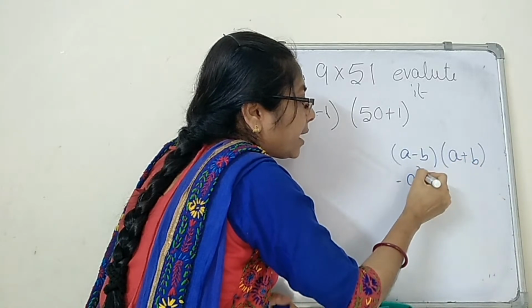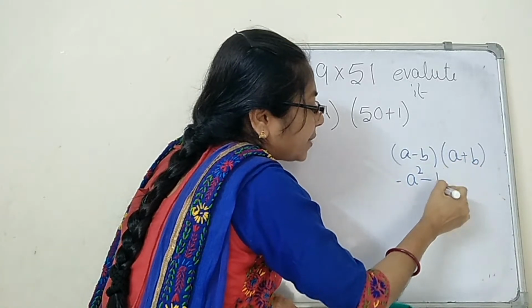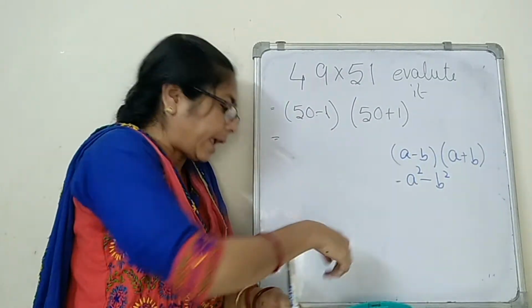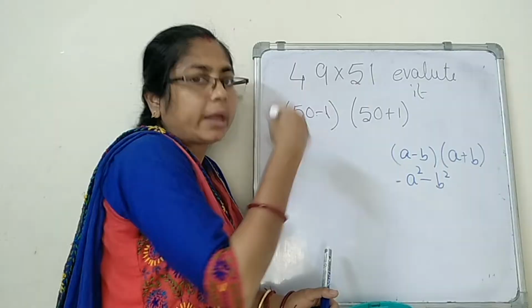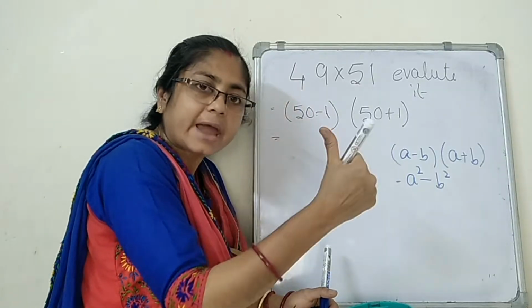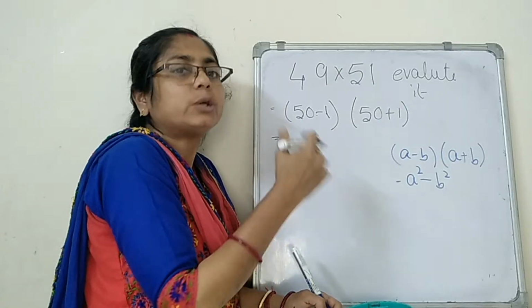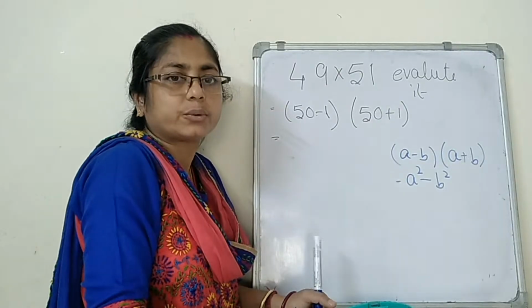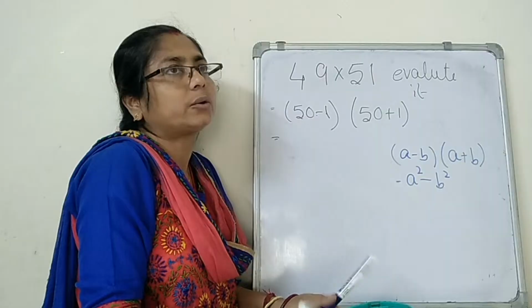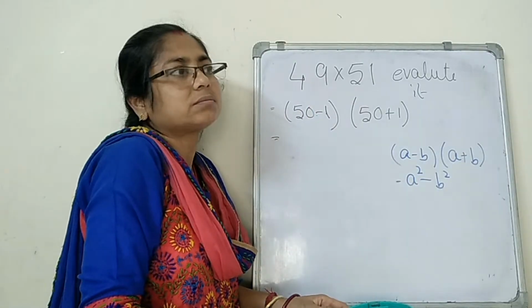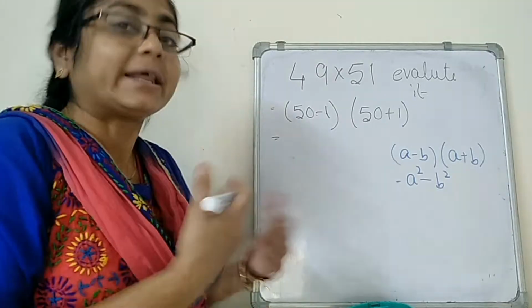A square minus B square. Listen better. It is a multiplication. So A plus B into A minus B. It is right. If anybody writes A minus B into A plus B, it is also right. But in general, according to the formula, we tell A plus B to A minus B. Because everybody will tell in this way.